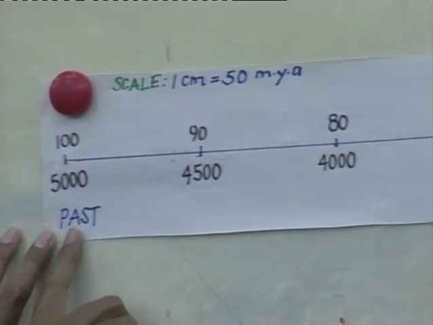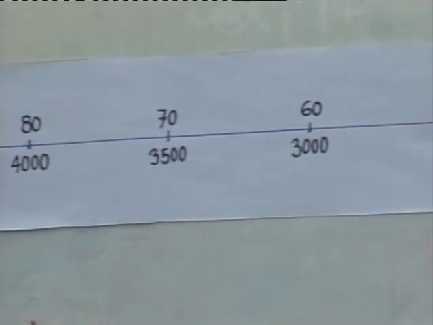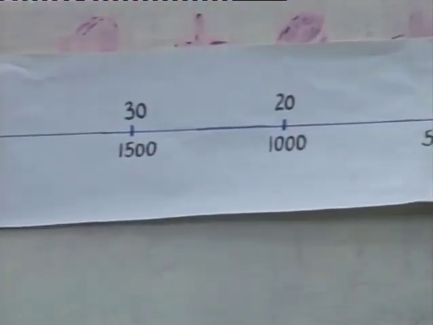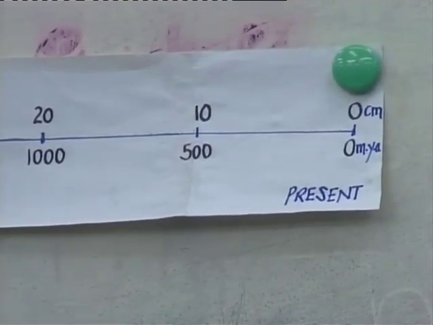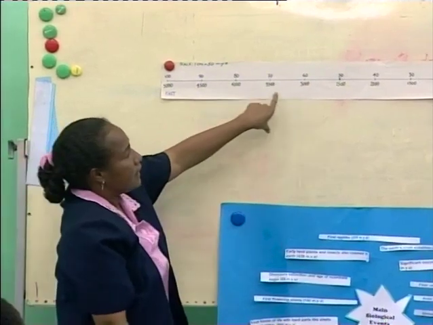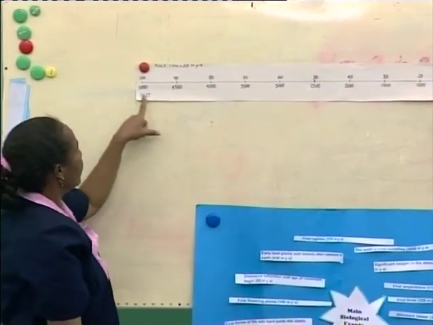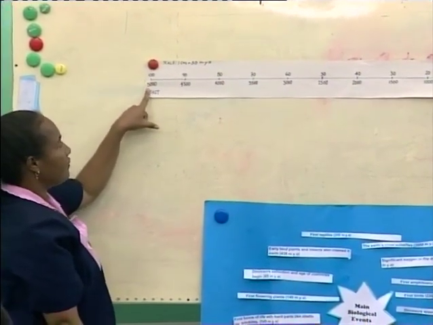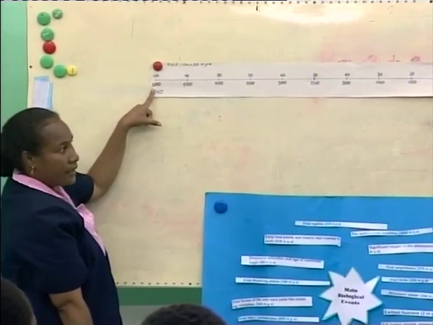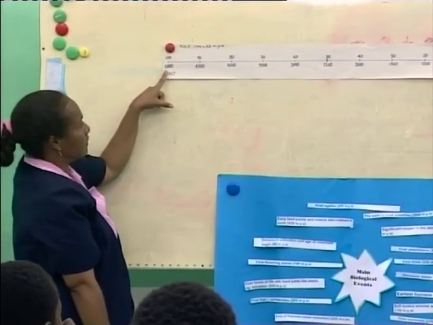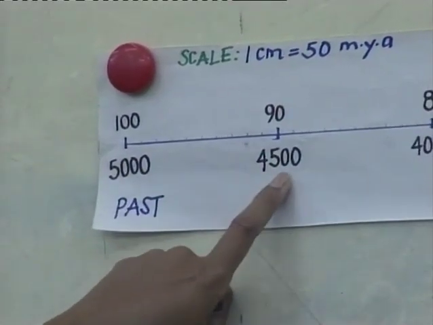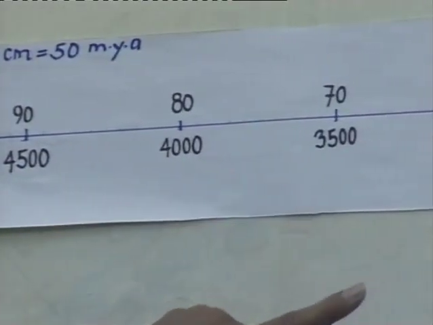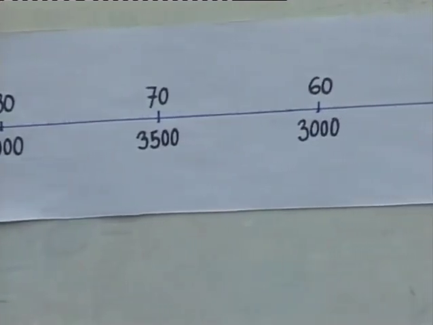For me, I drew it horizontally, and I started with past to present, meaning I started from 100, 90, 80, and down to 0 centimeters. At the bottom, I have the years, million years, written here. This is 5,000 million years, 4,500, and it goes down to 0 million years.